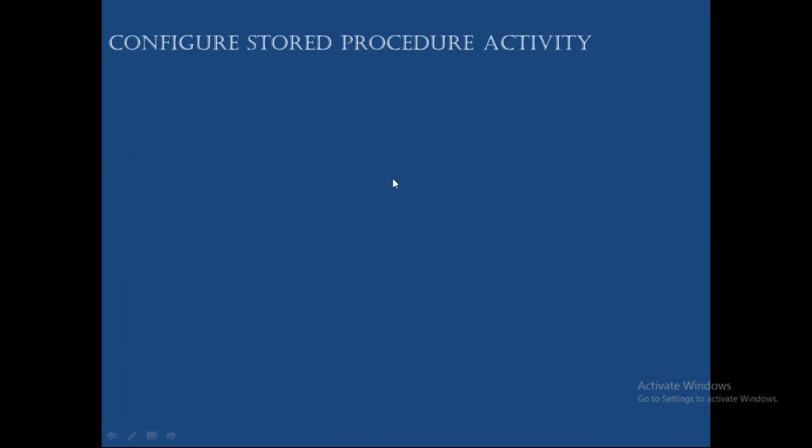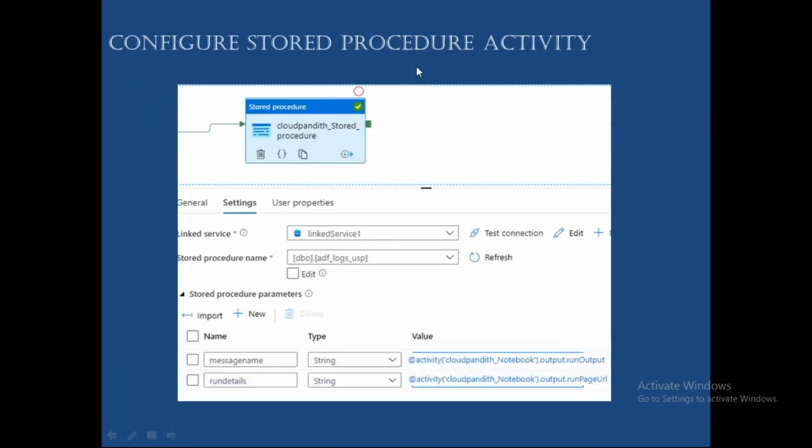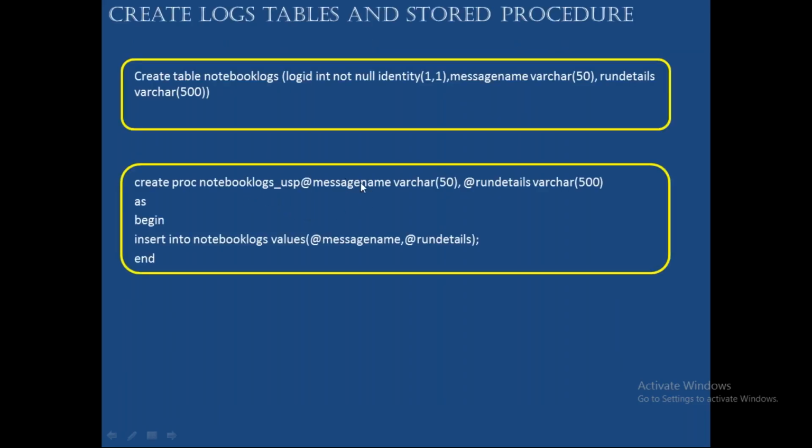Let's click on this. So, configuring the stored procedure activity. Now you see, I have a stored procedure. If you remember, this is the stored procedure which requires message name and run details. So you are inserting this message name and run details into the notebook logs table. This is the table you have created. Into this table, you are inserting these messages you are passing. But how will you call this stored procedure?